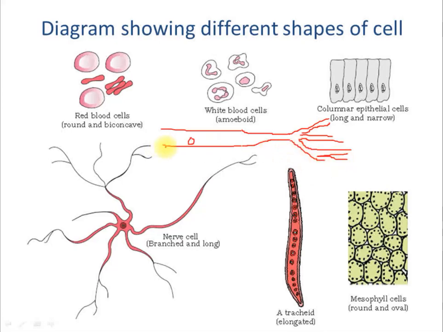Now this RBC has a size of 7 micrometer, right? Approximately 7.2 micrometer is the dimension in terms of diameter of an RBC. So for the artery it is fine. RBC is able to move within the artery.